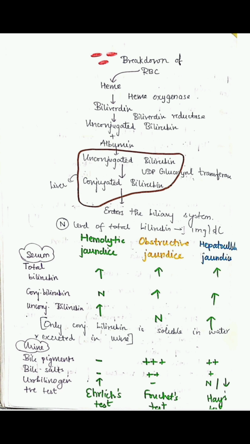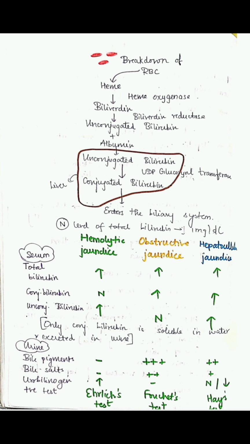This is important because if there is any defective conjugation, it leads to increased unconjugated bilirubin, which is hemolytic jaundice. In the same way, if there is an increase in conjugated bilirubin, it indicates obstructive or post-hepatic jaundice. The normal level of total bilirubin is 1 mg per deciliter.